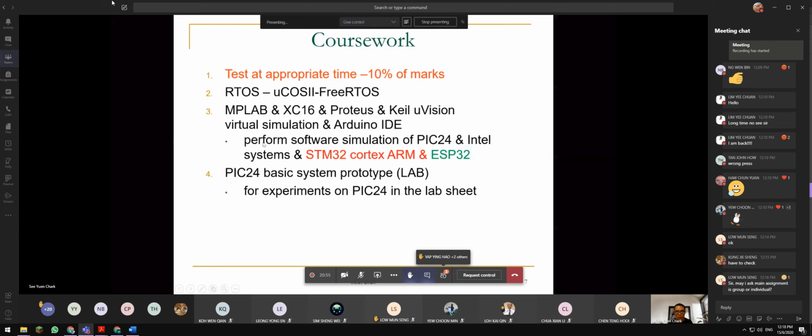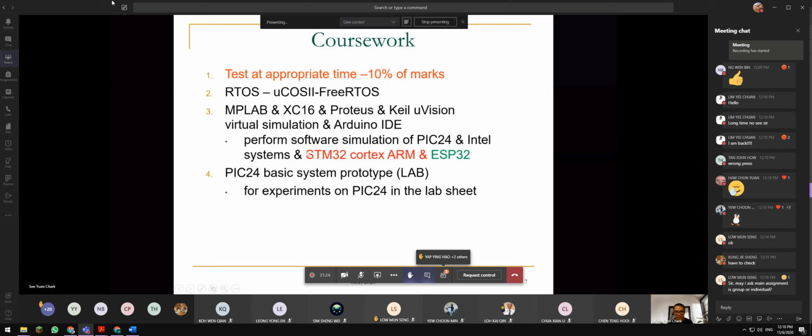So we perform a lot of software simulation on PIC24. If you're using PIC24, you need not do hardware connection or hardware construction. And then I will touch a bit on the Intel MCS51 family microcontroller, an 8-bit microcontroller, using software called Keil uVision.